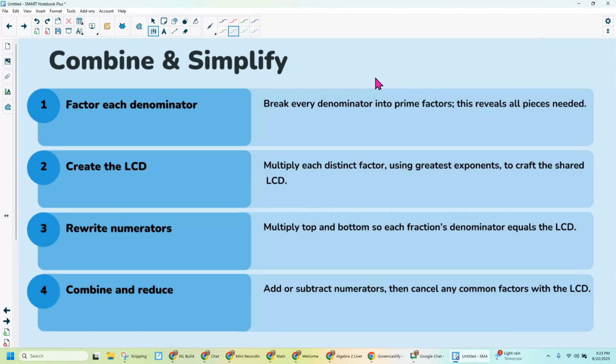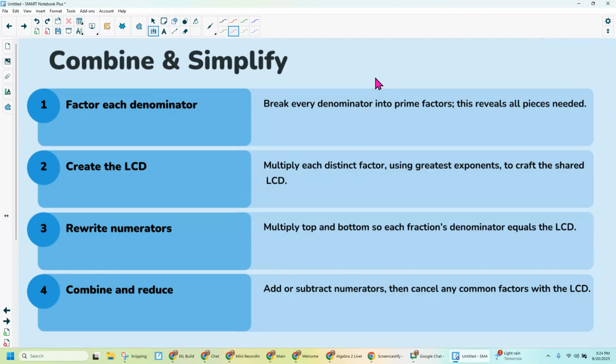So to combine and simplify, we want to make sure we're factoring the denominator, breaking every denominator into prime factors. That's going to reveal all the pieces that we need. Then create the least common denominator: multiply each distinct factor, using the greatest exponents to craft the shared least common denominator.